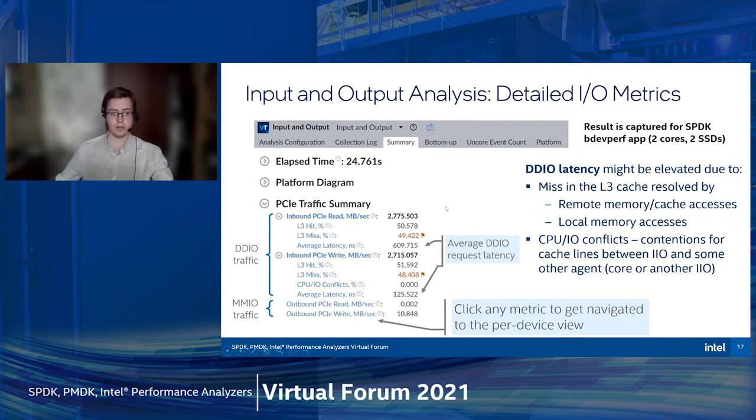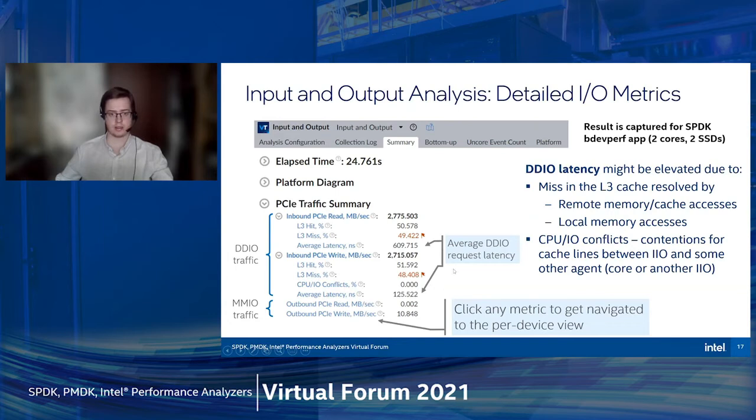Here you will see the itemization of the PCI traffic, like how many inbound reads and inbound writes you had, how many MMIO reads and writes you had, and at the second level you will find the average latency for inbound requests, which is a good indicator of the issue.